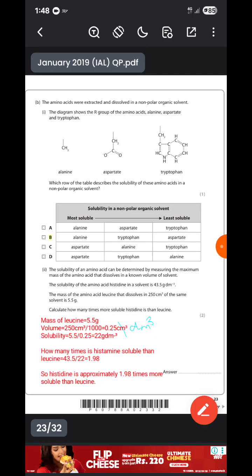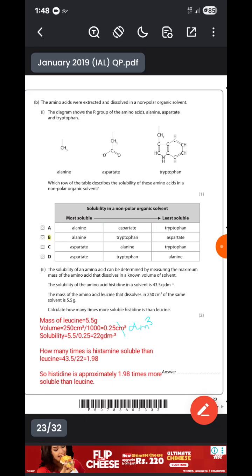Calculate how many times more soluble histidine is than leucine. So they have given already the solubility of histidine. So we must find the solubility of leucine in order to compare them. So the mass of leucine they have given is 5.5 grams, but they have not given the concentration of leucine. Therefore, we need to find the volume.